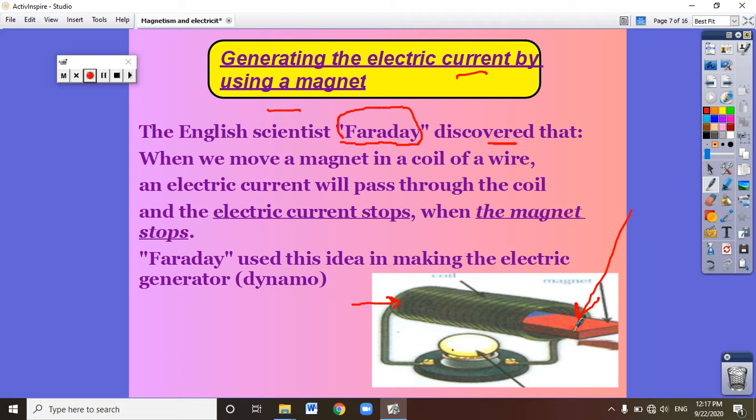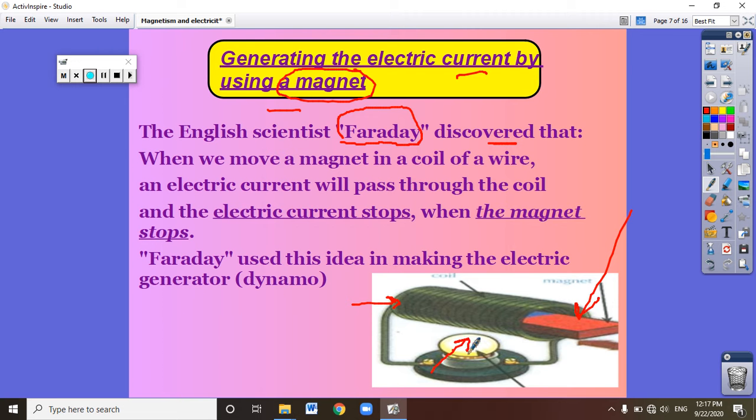So the kinetic energy, or the mechanical energy, kinetic meaning mechanical, changes into electric energy. So we generate electric current by using a magnet, but the kinetic energy or mechanical energy changes into what? Into electric energy.